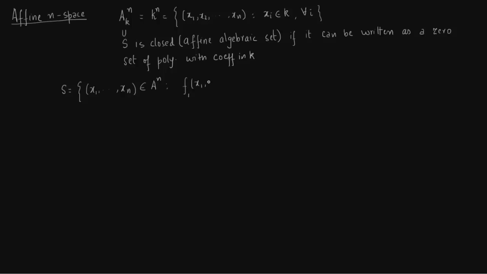On the previous slide we had drawn a single polynomial, now we are writing multiple polynomials. There could be infinitely many of these, and all these polynomials vanish on the set S. They all become zero on the set S.